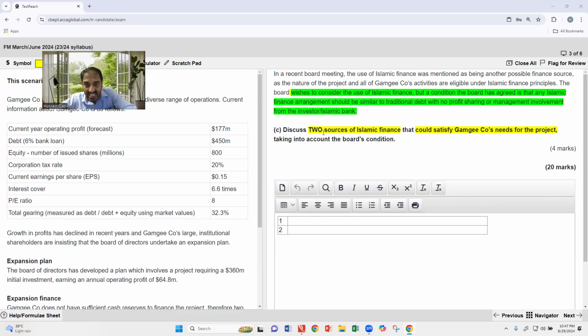Discuss two sources of finance that could satisfy Gamgee company's need for the project, taking into account the board's conditions. What are the board's conditions?